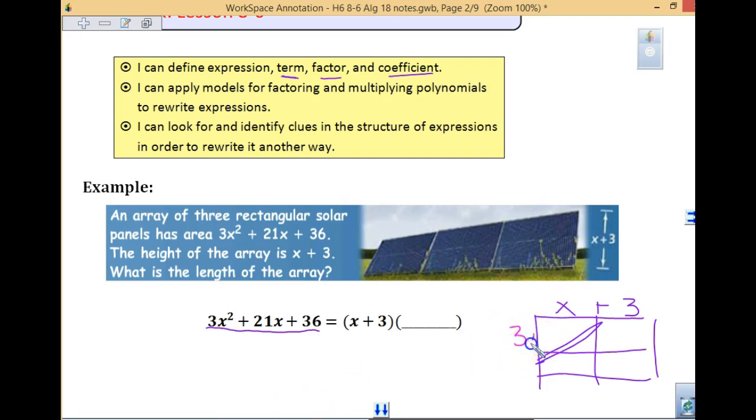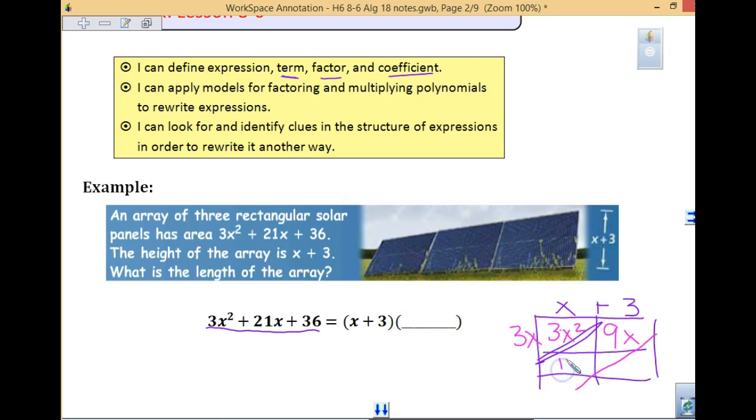That would give us 3x squared. Now, if I take 3x times 3, I'm already up to 9x. But I wanted 21x. What do I have to add to 9x? I need to add 12, right?